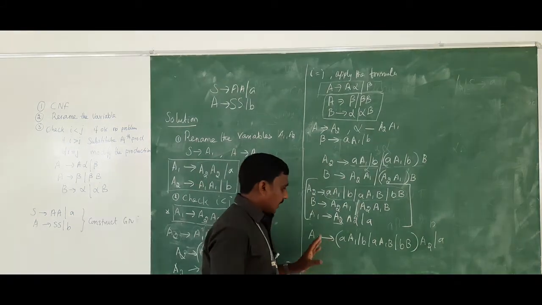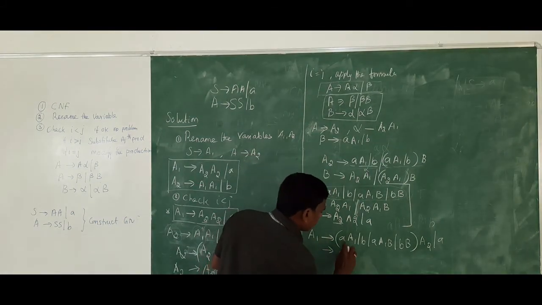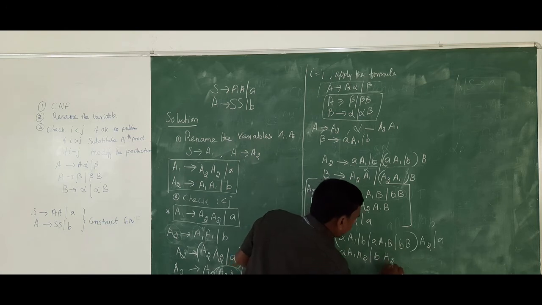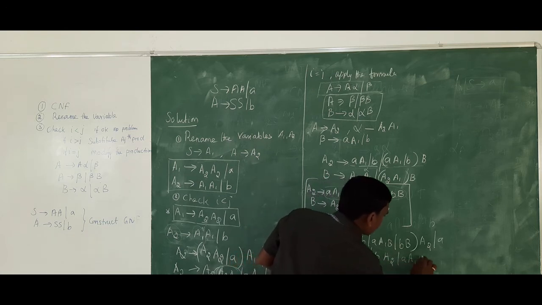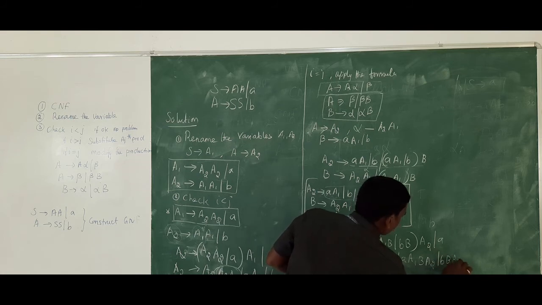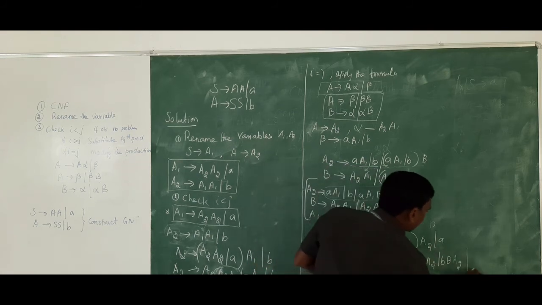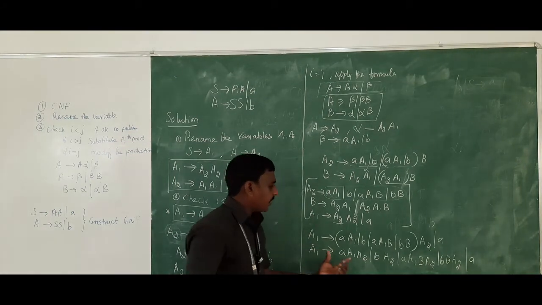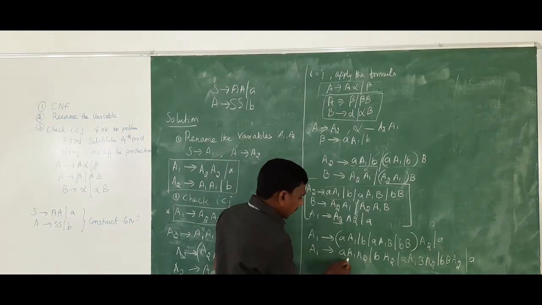Okay. Now A also: A1 into this A2, and B this A2, and A1B A2, and BB A2 slash A. So A1 also I got in Greibach normal form, terminal alpha.